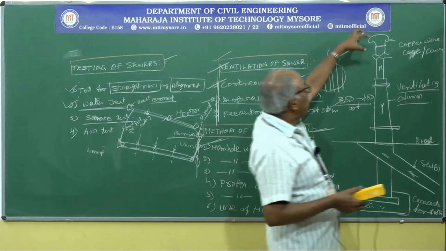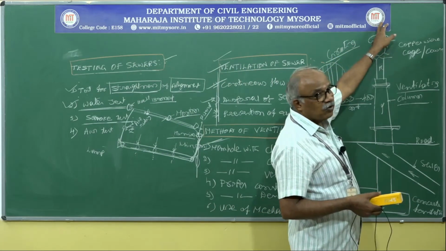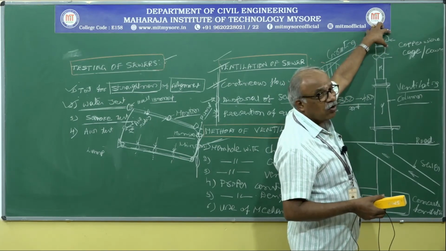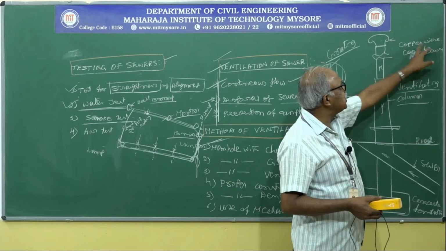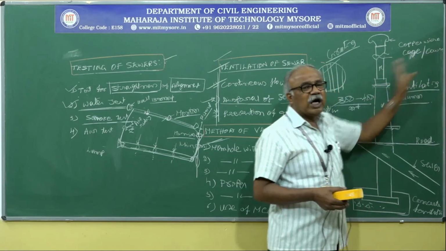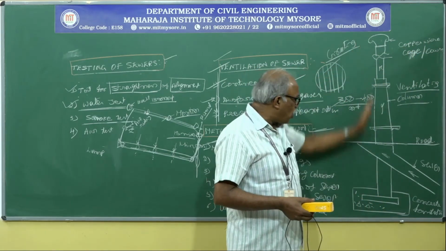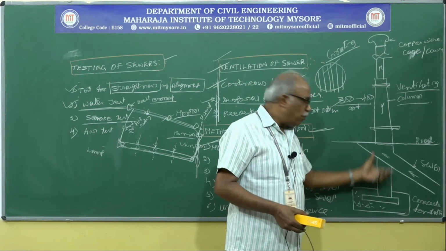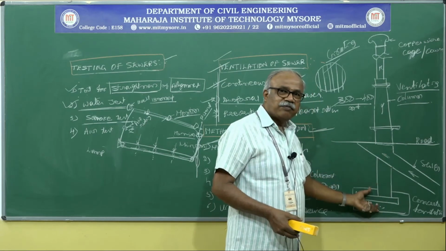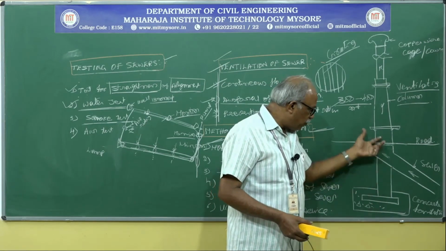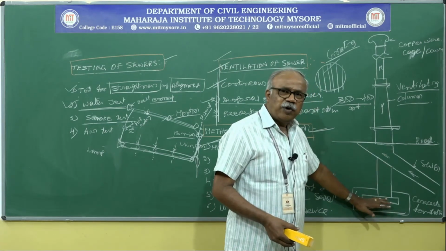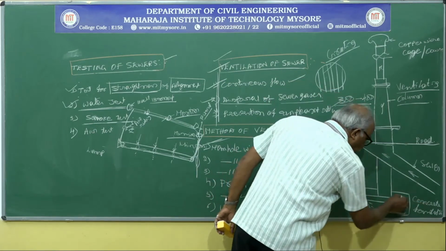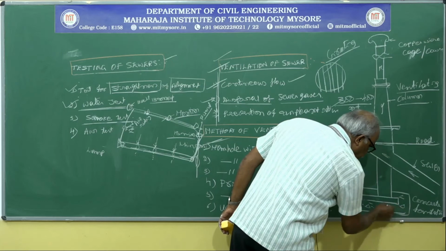To avoid direct escape into the atmosphere, we provide one cover, simply called a copper wire cage or cowl. This column can be built straight from the bottom of the sewer. The depth is more, and it should be posted vertically using a concrete foundation.